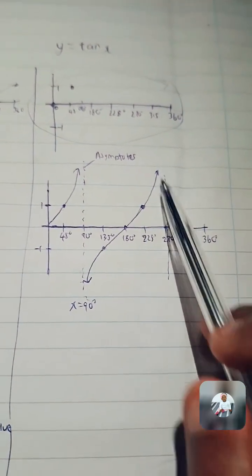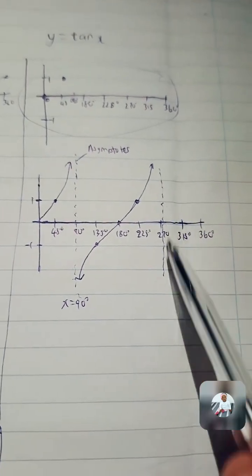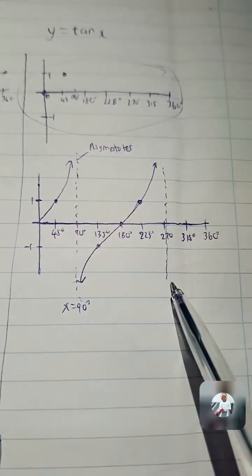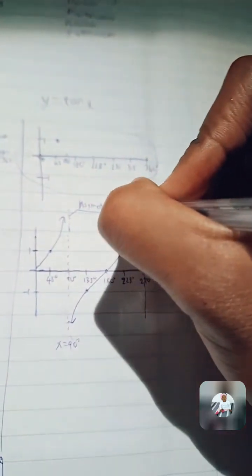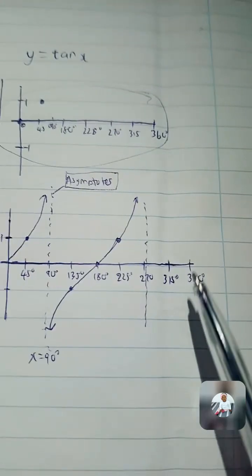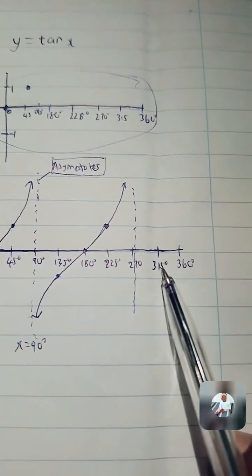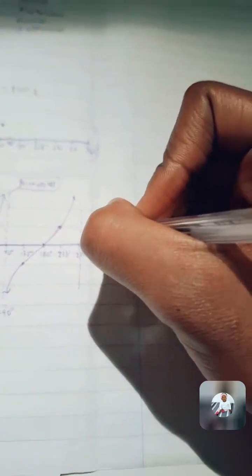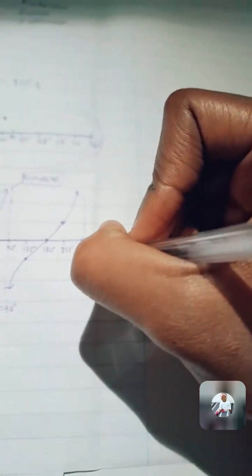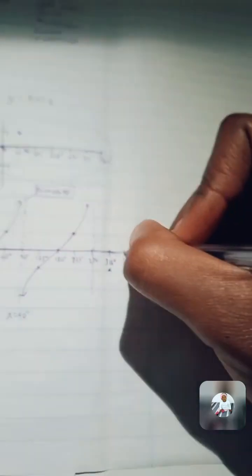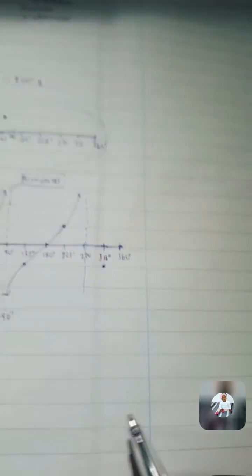So the function is not defined, does not exist on this vertical asymptote. Then moving right along, tan 315, we have -1. And then tan 360, we have 0.